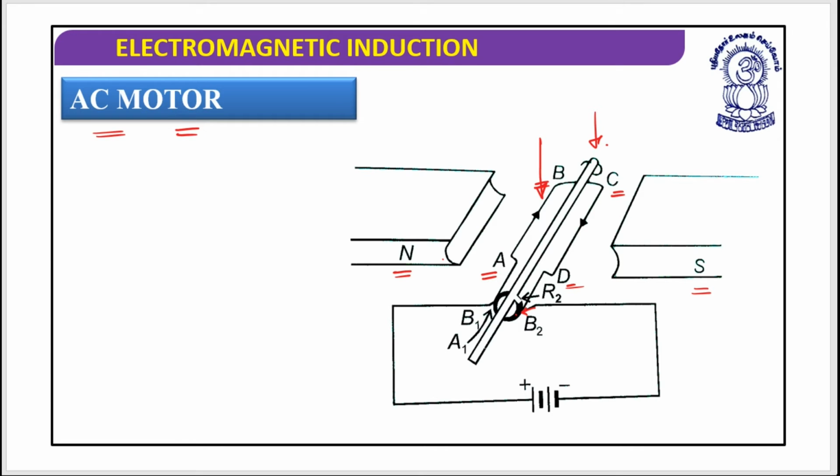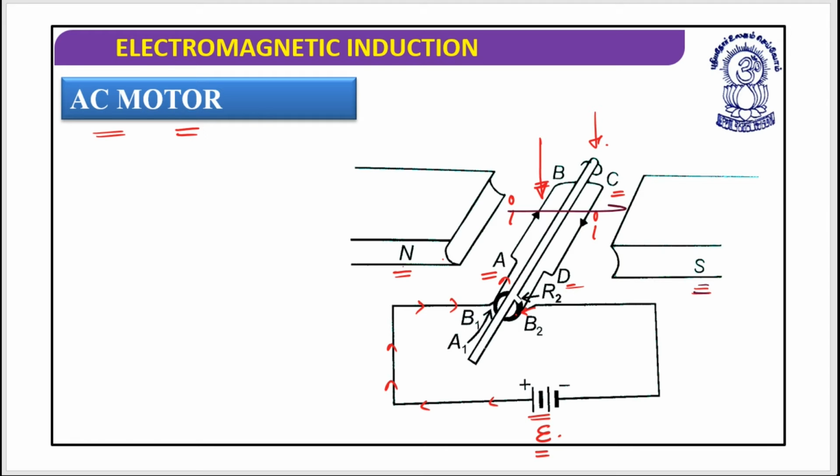Now let's quickly discuss the working principle of the motor. You can see this has been connected with a battery or a cell. Let's call the EMF E or the potential V. Now the current will pass through here, so from this part to this, in this direction current will be going. One more thing is that here the north pole of a magnet is there, and here the south pole of a magnet is there.